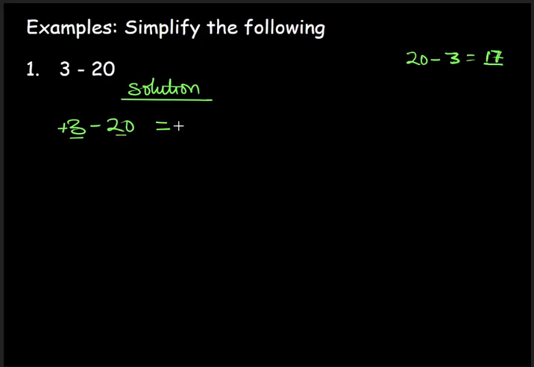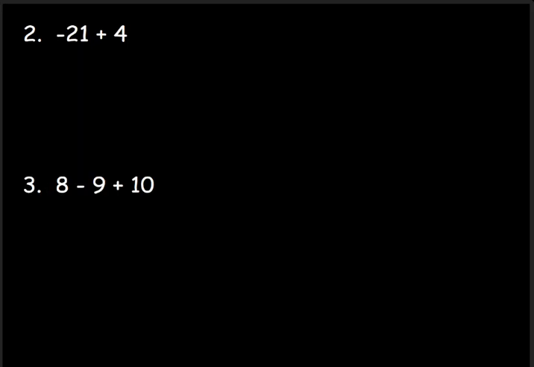So the sign of the bigger number is minus. That's the sign we are going to keep. So minus 17. We keep the sign of the bigger number, and that is our answer. So 3 minus 20 is equal to minus 17. We move to number 2.